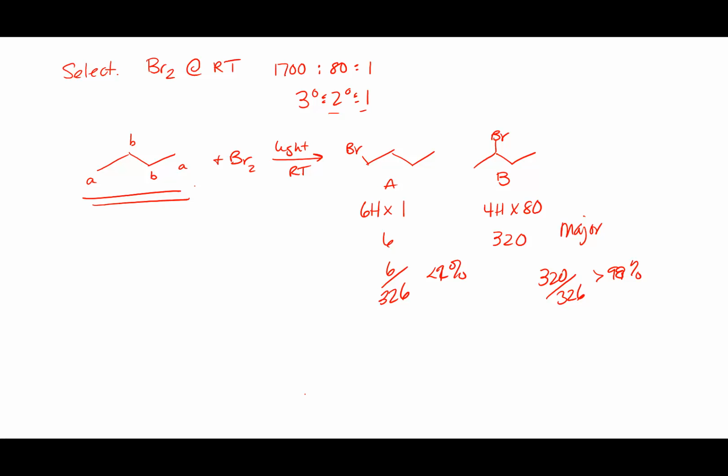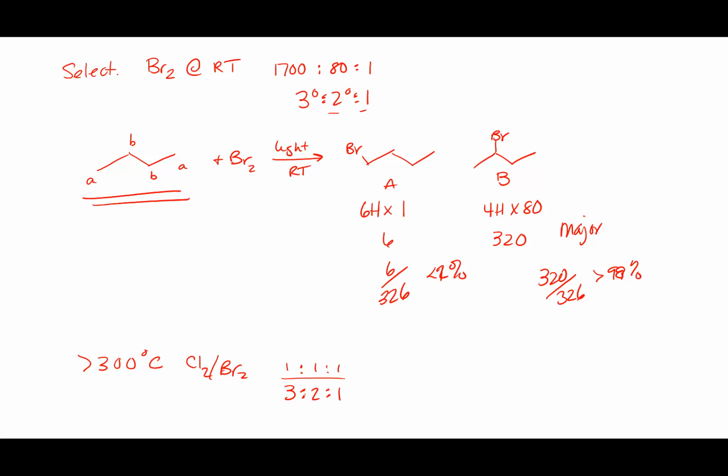So let me throw a second monkey wrench into this. What happens when we go above 300 degrees Celsius for either chlorination or bromination? So if we do the reaction at greater than 300 degrees Celsius, our tertiary to secondary to primary ratio is 1 to 1 to 1.